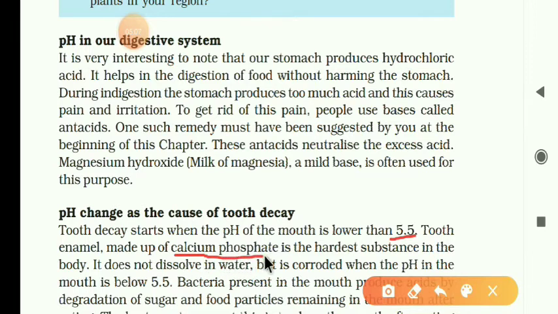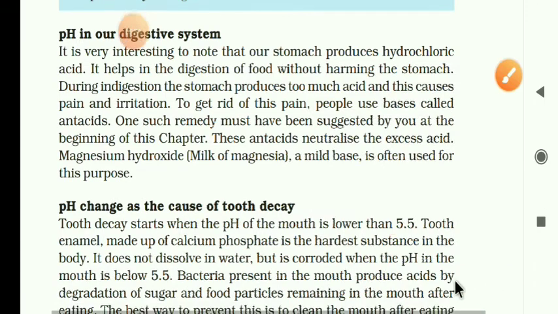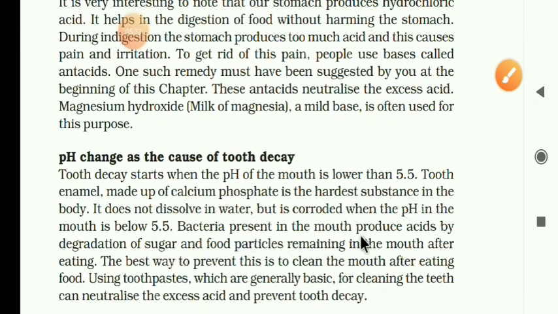Remember, it is the hardest substance in the body. It does not dissolve in water, but it is corroded when the pH in the mouth is below 5.5. So when it is less than 5.5, it is corroded. So it will be spoiled.